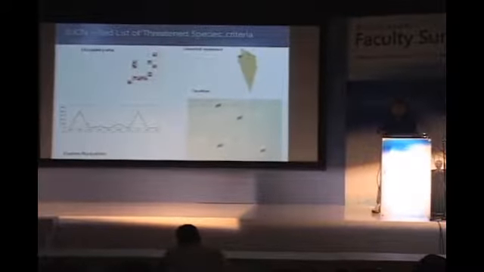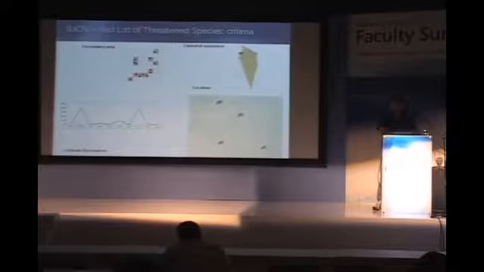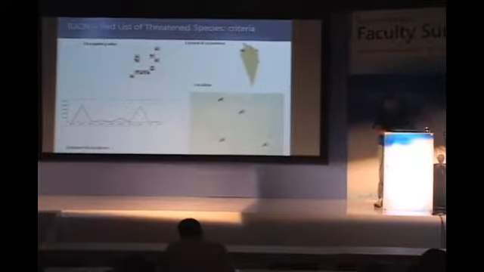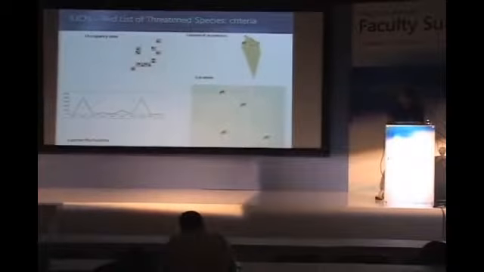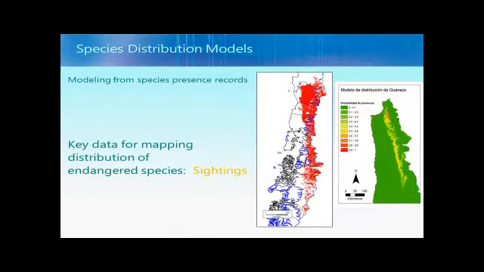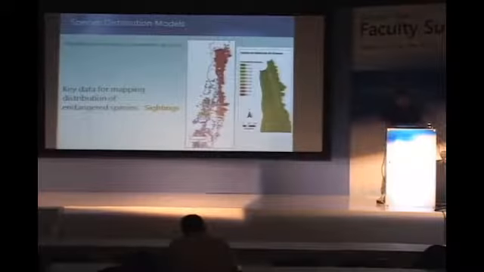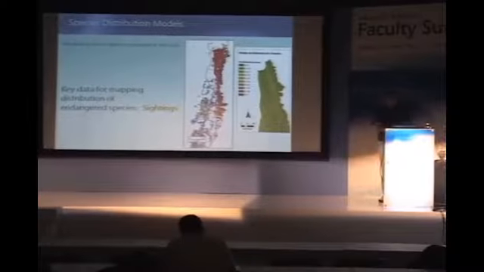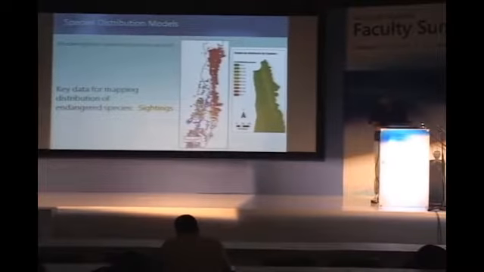Occupancy area, extent of occurrence, and extreme fluctuations can all be understood by knowing the location of the species in the ecosystems. We have done some work in distribution models, modeling species from presence records, and all of these modeling and key tools for conservation need sightings of the species.